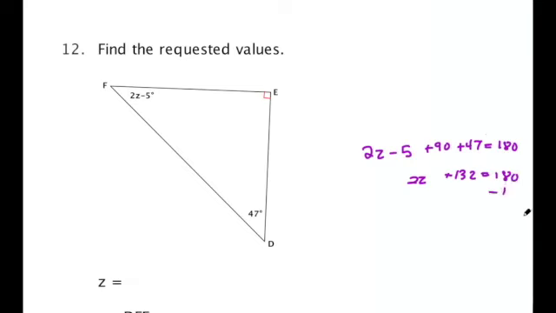So I have to subtract 132. 180 minus 132 is 48, so 48 equals 2z. Divide by 2, divide by 2, z equals 24. I went through that quick.